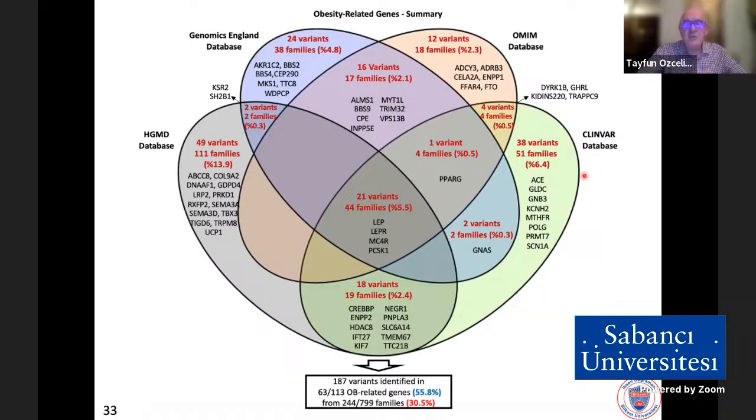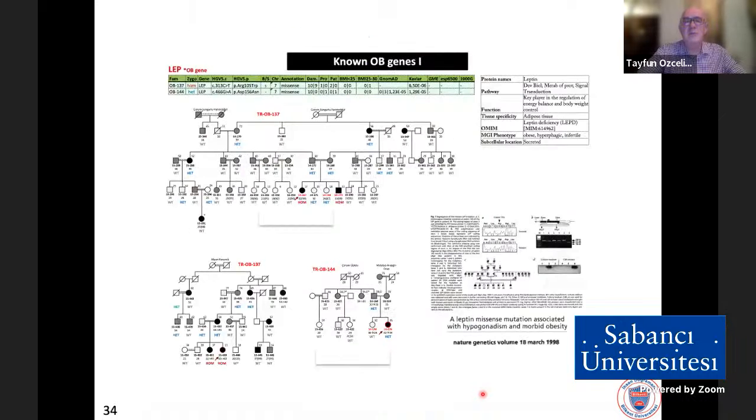Again, this shows that in more than 30% of the families, we can identify a genetic basis. This is a high number. This is an important observation.